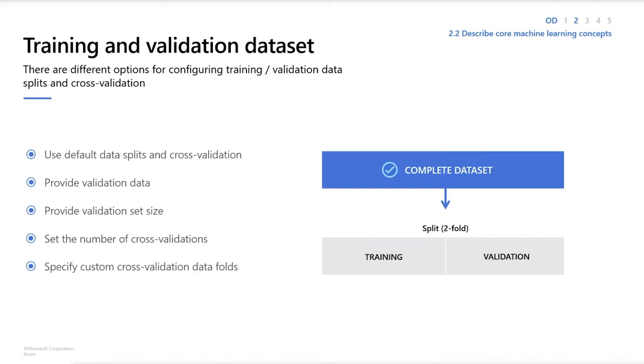You're either going to start with a single data file and split it into training and validation sets, or you can provide a completely separate data file for validation. Really, machine learning algorithms are going to be used for model training. So why don't we dig a little bit more into what that means and the different algorithms that are used to train and validate your machine learning model.